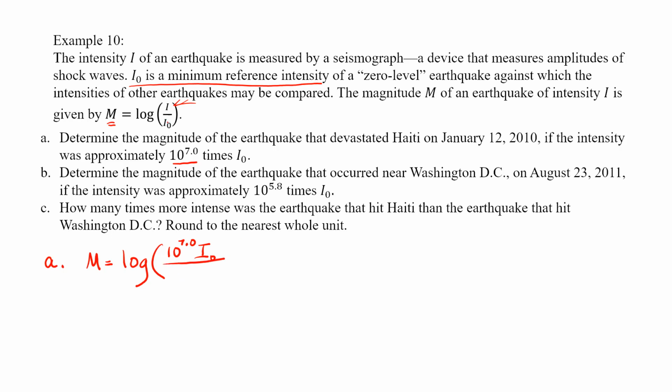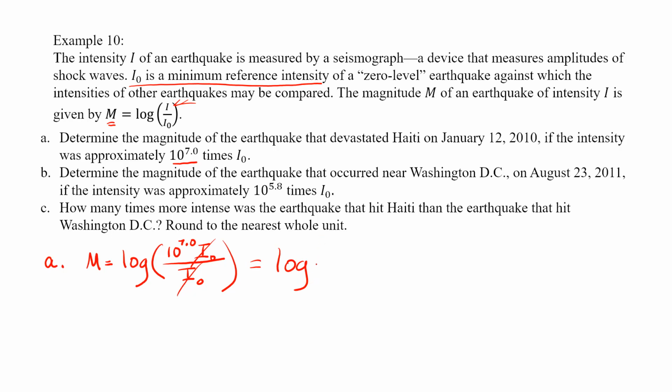That's my numerator, and then the denominator is just I sub 0. So the I sub 0's cancel, and we have m equals log base 10 of 10 to the 7.0, because log with no number next to it is a common log.